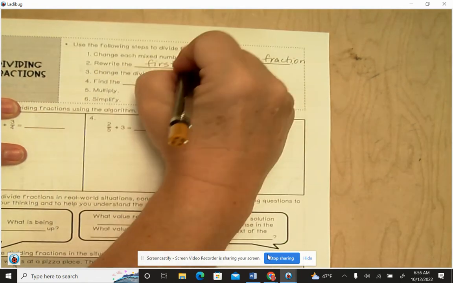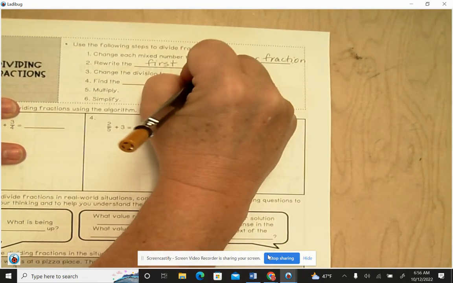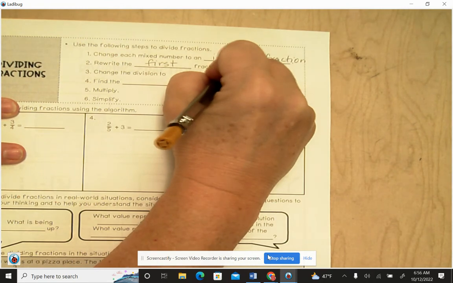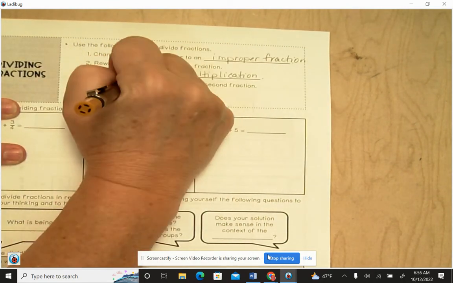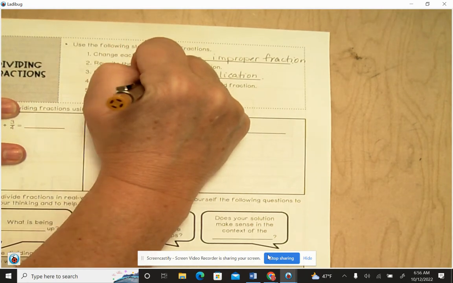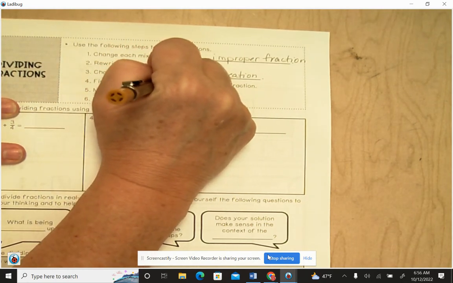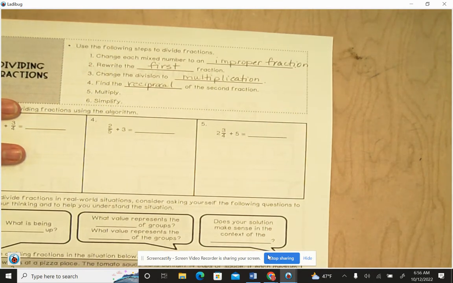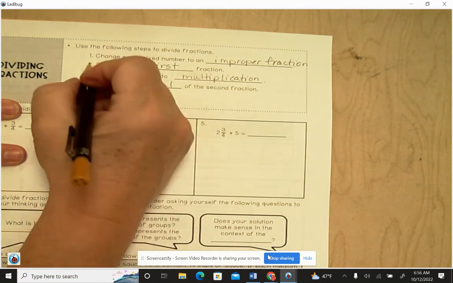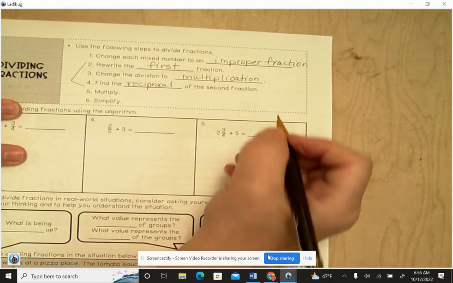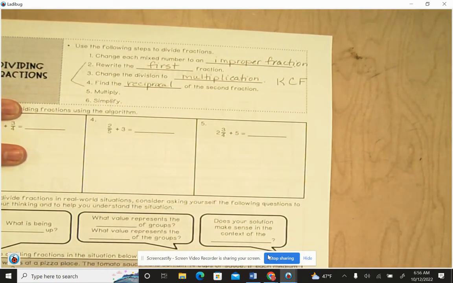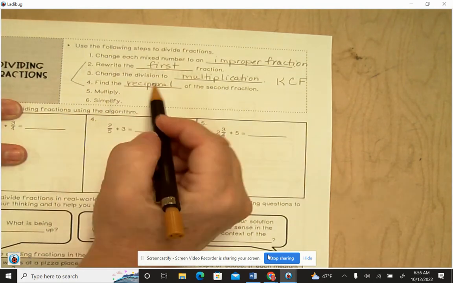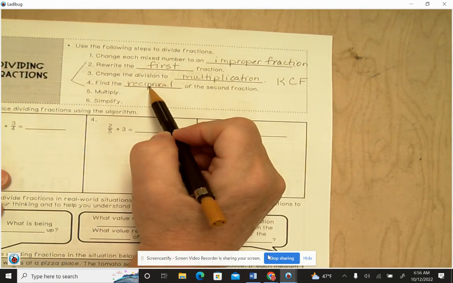Change the division to multiplication. And find the reciprocal of the second fraction. Multiply and simplify. All right, y'all were thinking KCF, keep, change, flip. But the actual term is the reciprocal, okay?